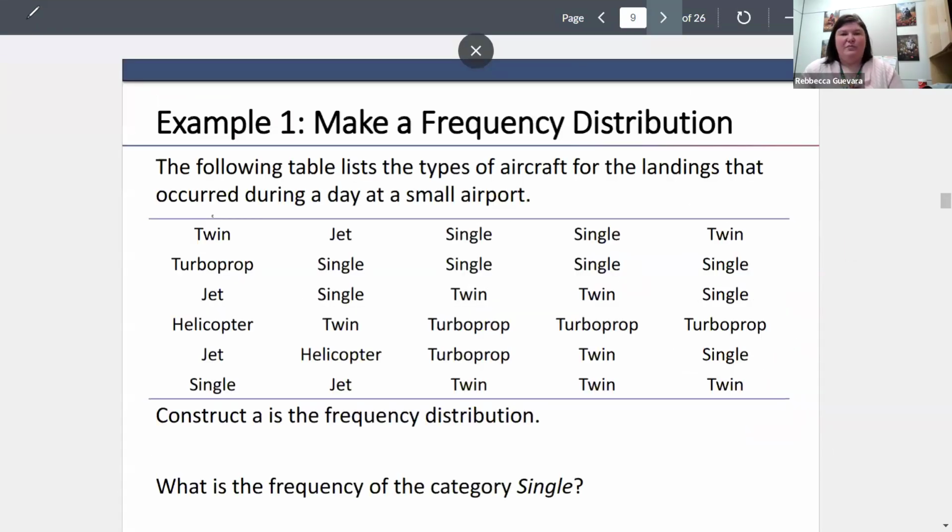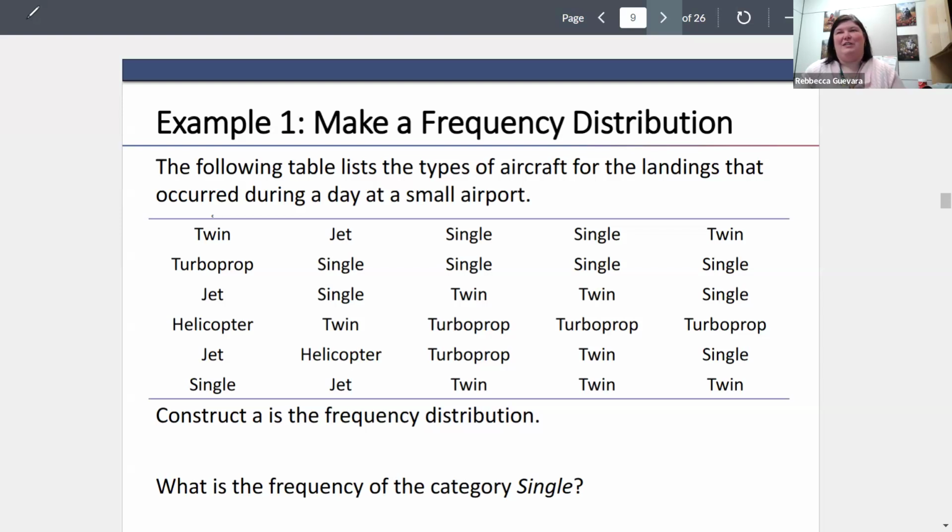Okay, so just for practice, take a moment on this one and make a frequency distribution. The following lists the types of aircraft for the landings that occurred during the day at a small airport. So we have aircraft types. I don't really know that much about aircraft types, but we got a twin, a turboprop, a jet, a helicopter, a single.